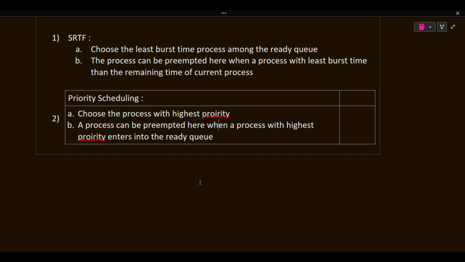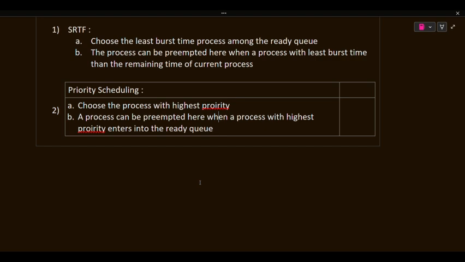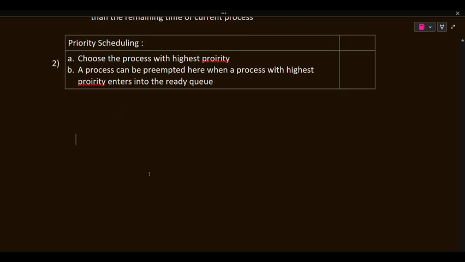Next, we are going to start inter-process communication. Inter-process communication is the way in which two processes can communicate with each other. Like it can be by means of a common variable.